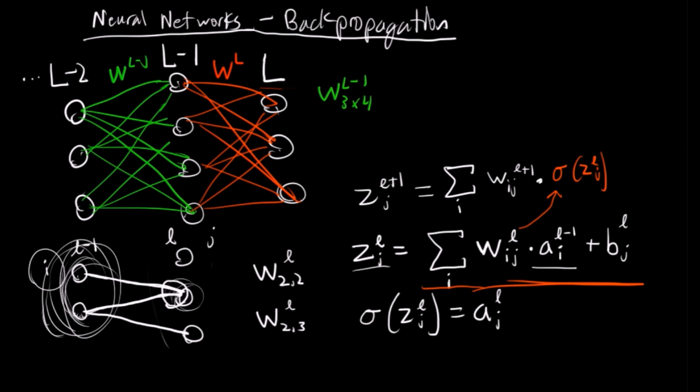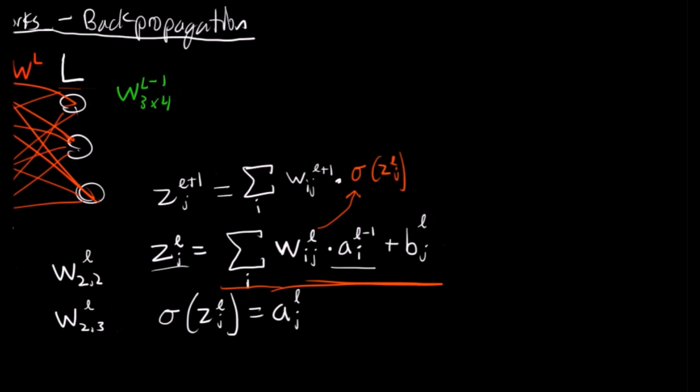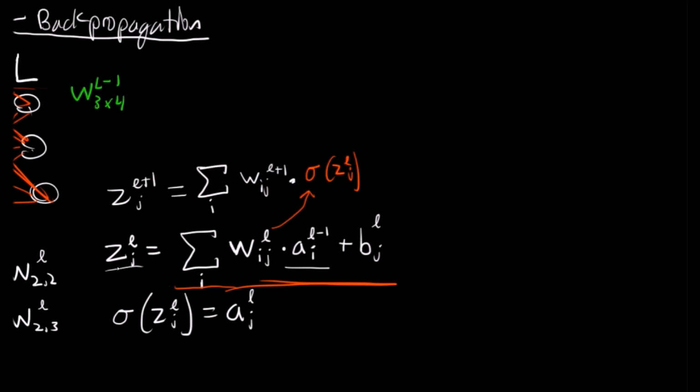All right, so that seems simple enough, although it is a little confusing because of all these I's and J's and this crazy index notation we have here. So I'm going to clean this up a little bit by bringing in matrices. Instead of using singular indices and iterating over all of the neurons, we're going to do one quick, clean matrix operation.